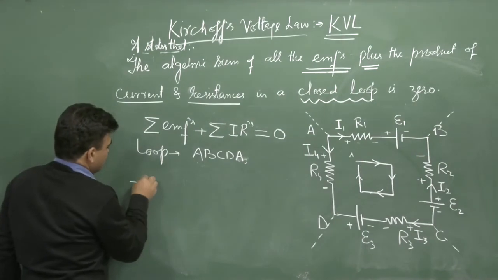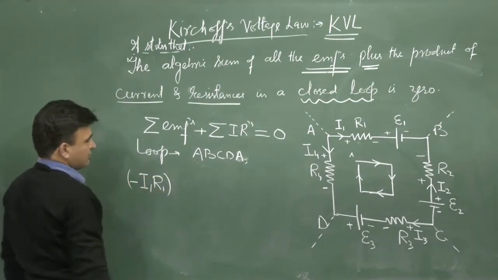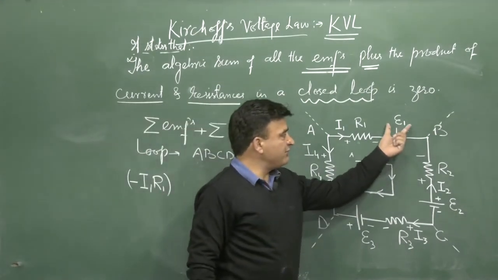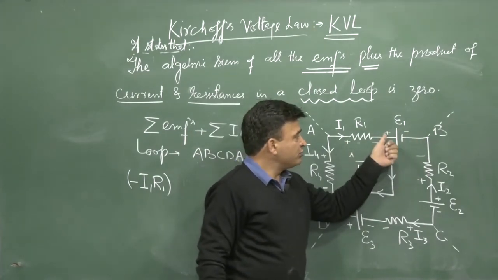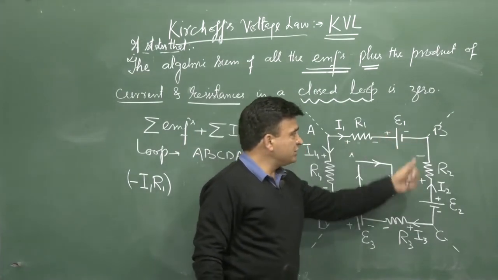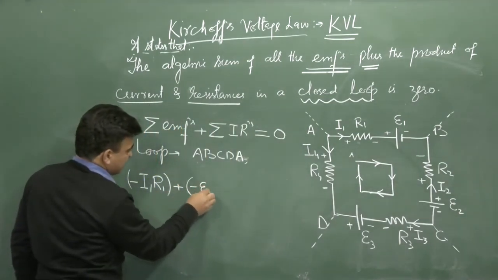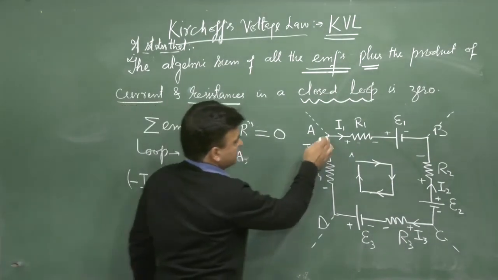So I will write minus I1 R1. Then there is a cell of EMF E1. Again, we are moving from high potential to low potential, so this cell of EMF E1 is also taken as negative. So this is about AB.